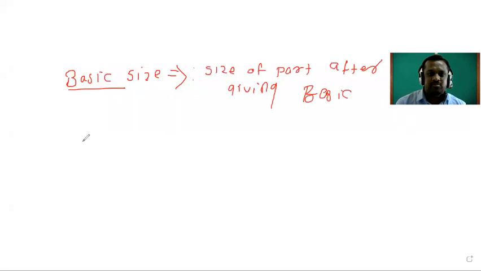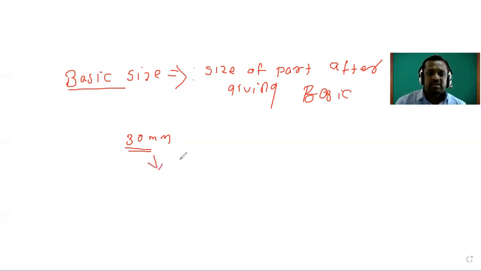For example, suppose we have taken 30 mm. We know that to manufacture a shaft or a hole at exactly that size is difficult because of some errors, so it is necessary to provide some amount of tolerance to that size. When we provide the tolerance to that size, it becomes the basic size.